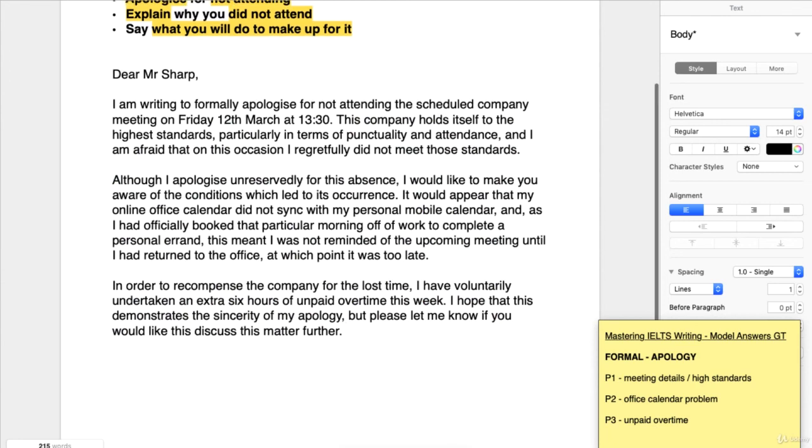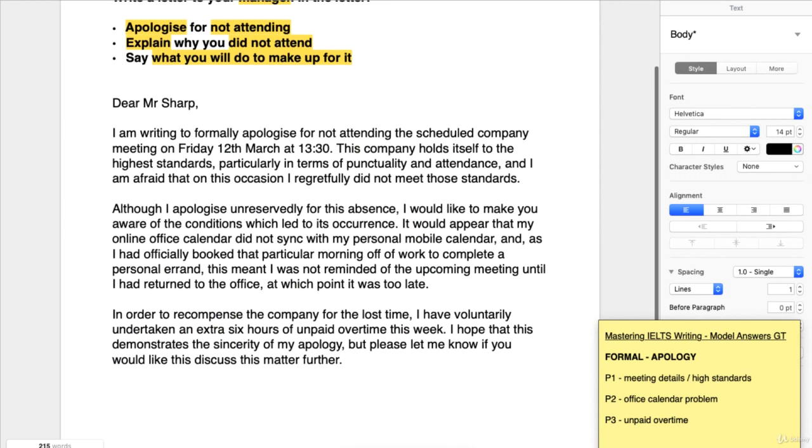So despite the fact that we ended up with a plan that was quite short on detail and certainly a task that was short on information to include, we've managed to extend it partly by being very detailed about the explanation, but we took that challenge and turned it into an opportunity to include a range of different time references and switch through a number of tenses and create a very complex sentence in the middle there.